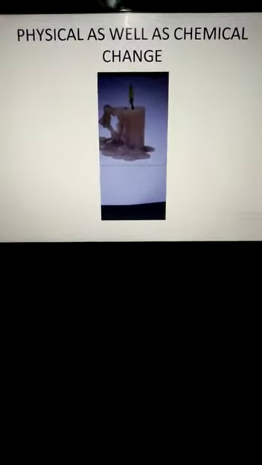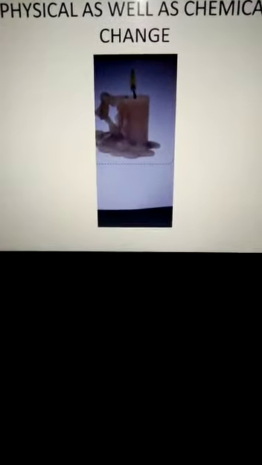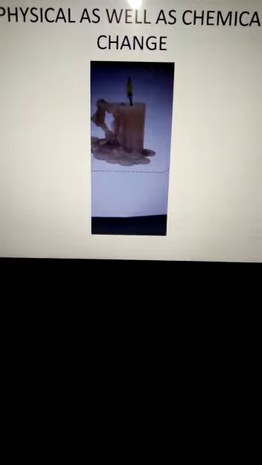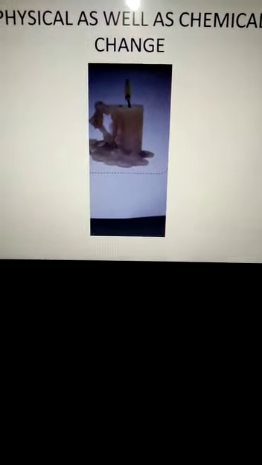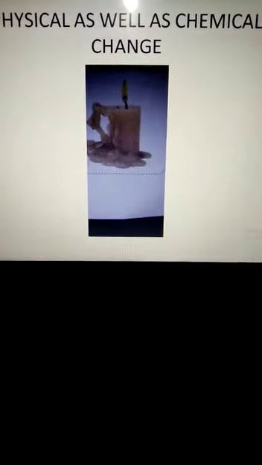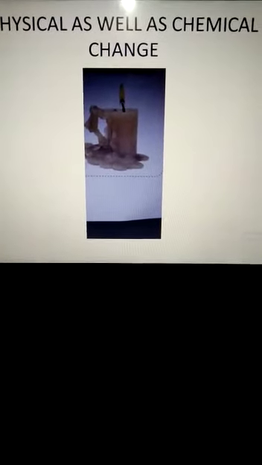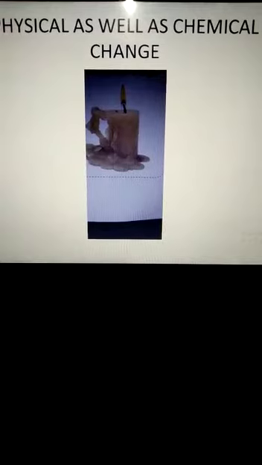Now we will discuss one very important example which can be a physical as well as a chemical change, that is burning of a candle. When a candle burns, it produces carbon dioxide and water vapor. So new substances are formed, and it is a chemical change. Whereas, as you can see in the figure, some wax melts and remains as it is.